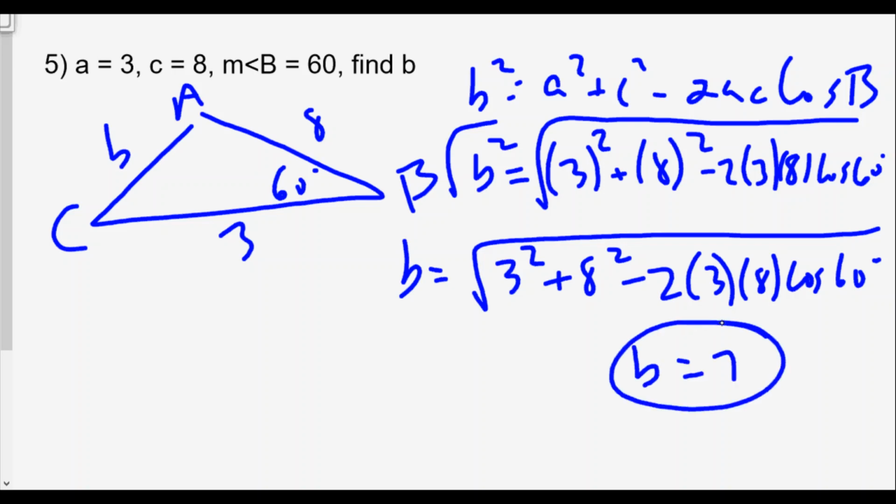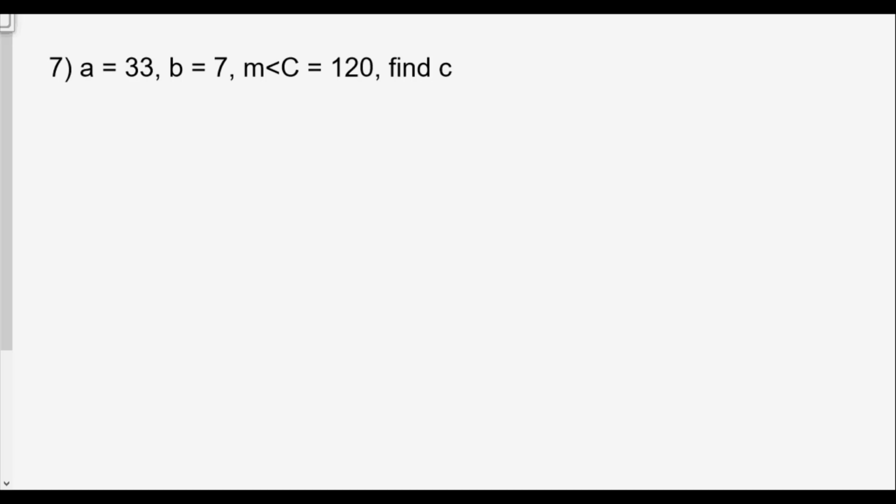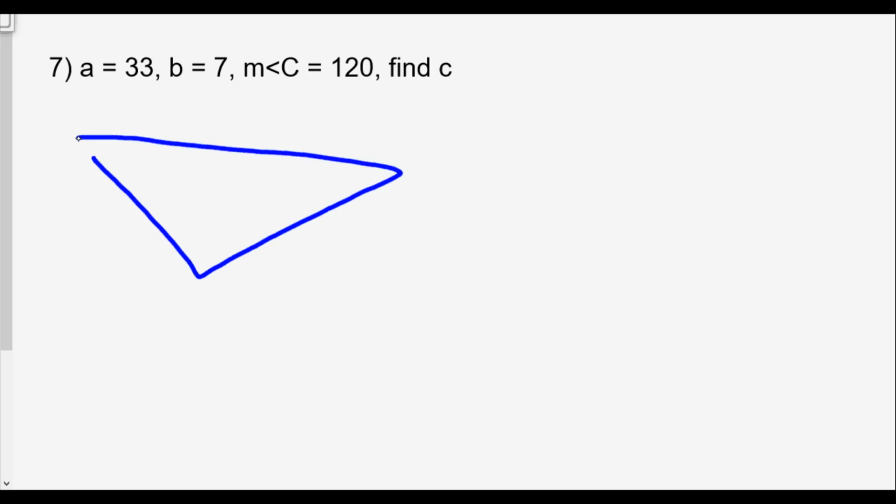All right, so for number 5, again, let's draw a triangle one more time. So here's angle C, 120 degrees. A is 33, and then B here is 7.